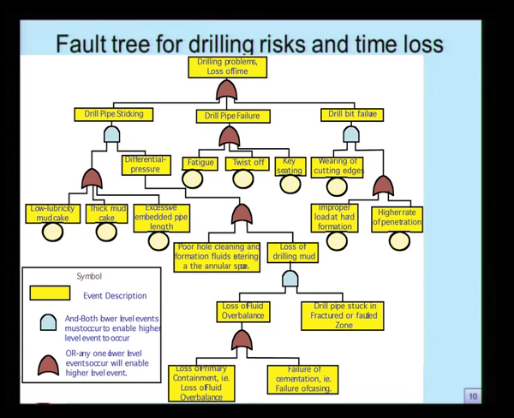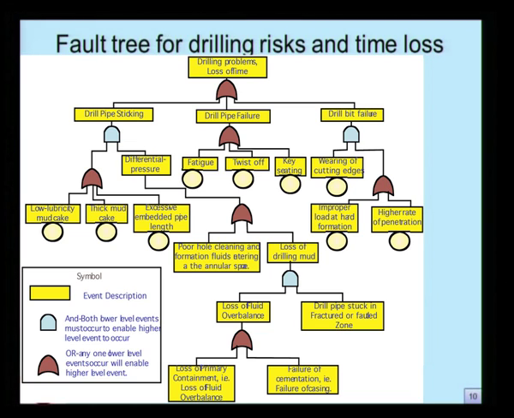Now, when you look at the drill pipe sticking, the reasons for a failure of this order can be from different sources. It can be either due to differential pressure or due to low lubricity, which results in the formation of a mud cake. The mud cake can also be very thick.